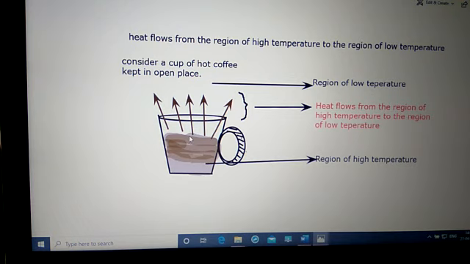It becomes cool. So what happens to the heat in the coffee? Heat always flows outside. The coffee is the region of high temperature, and the region of low temperature is the outside atmosphere. So heat continuously flows from the region of high temperature to the region of low temperature.